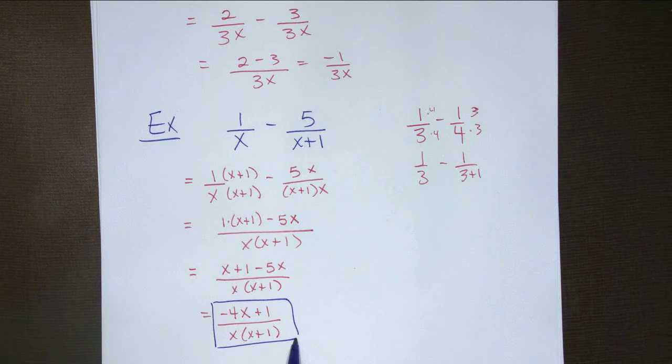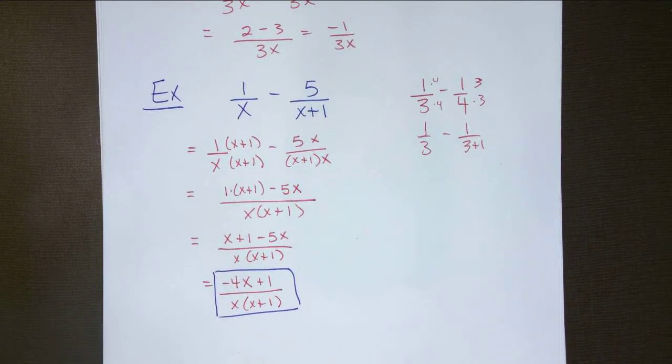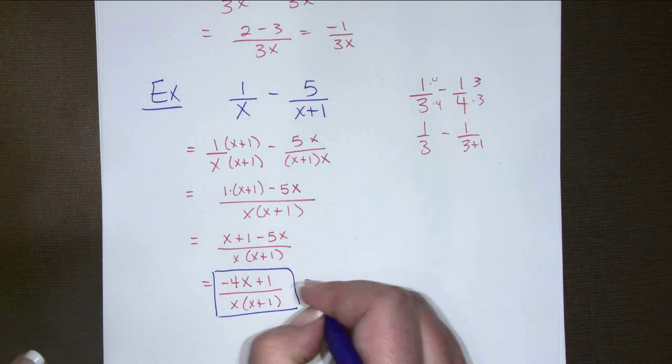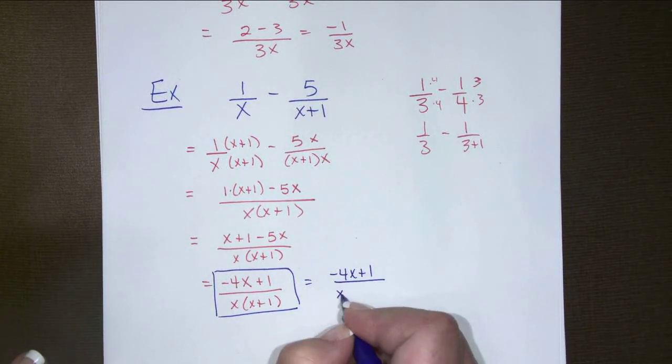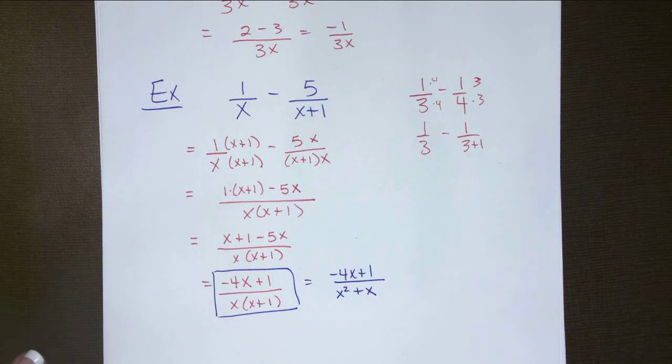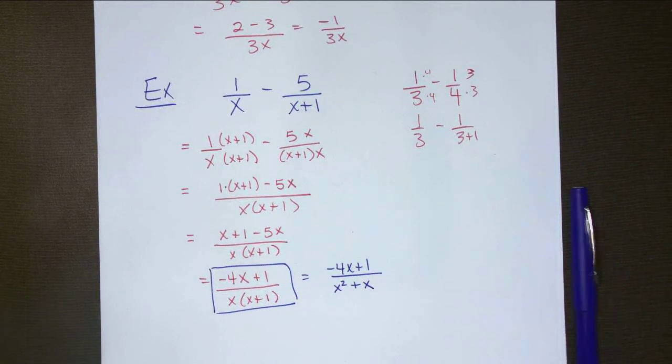Now I personally like this answer better than what? What do some of you maybe want to do here? That? Okay. And they're both fine. They're both acceptable, and I would not mark either one of them wrong, okay? But remember what I said, factored is simplified.